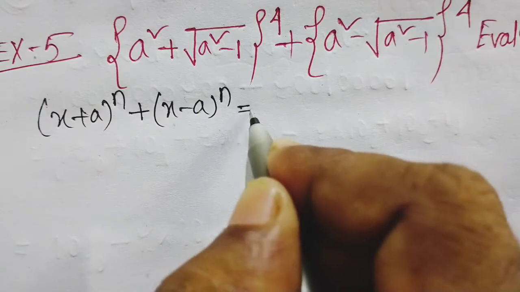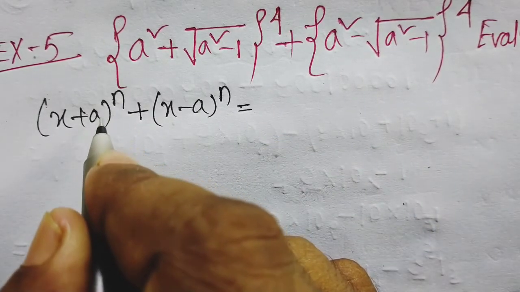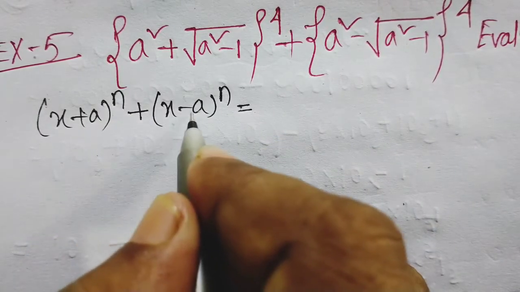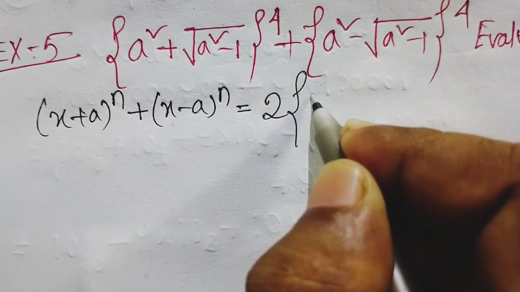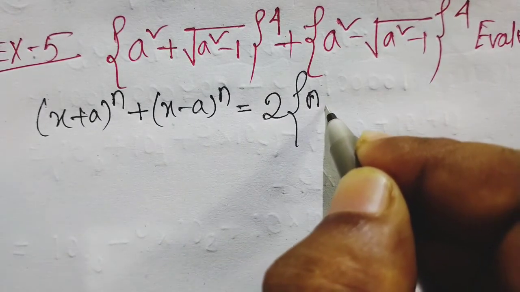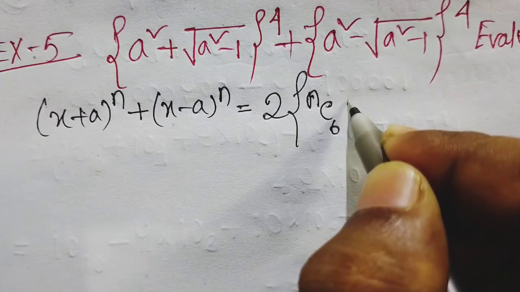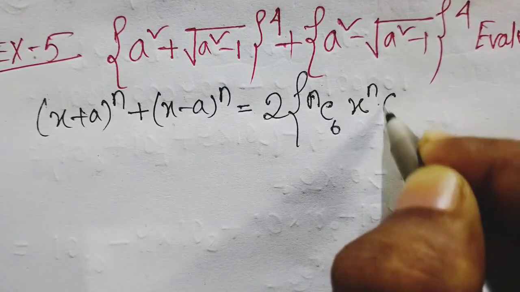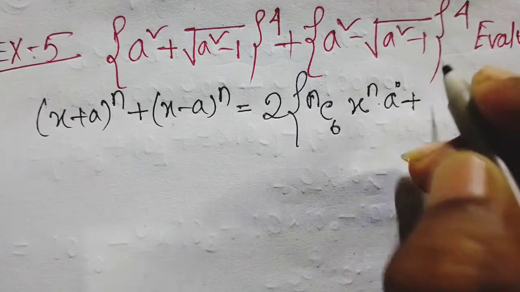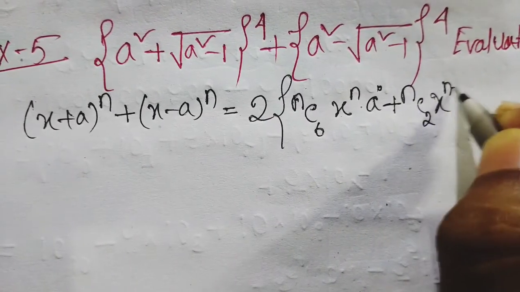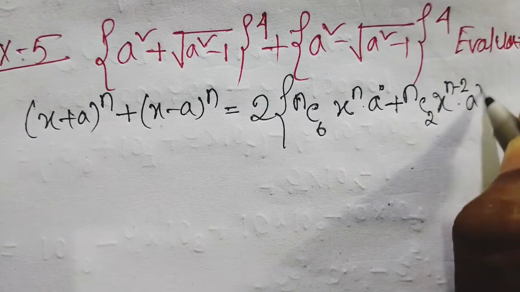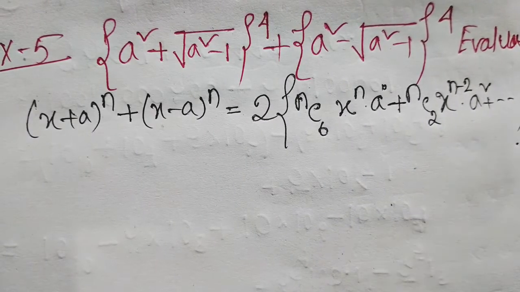So the formula of (x plus a)^n plus (x minus a)^n is always 2 into even terms: nc0 x to the power n a to the power 0 plus nc2 x to the power n minus 2 into a square, and so on.